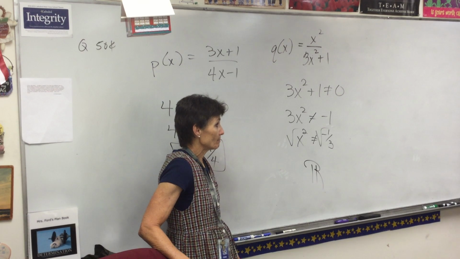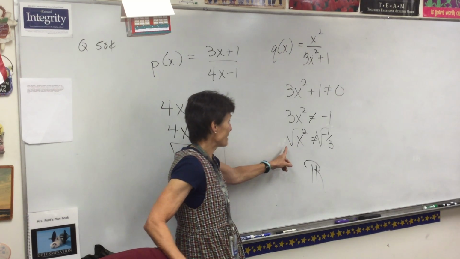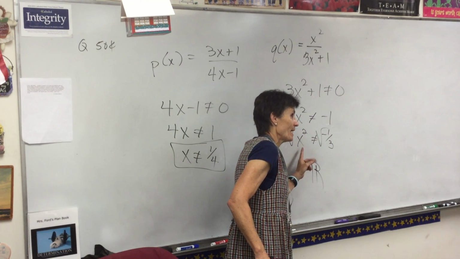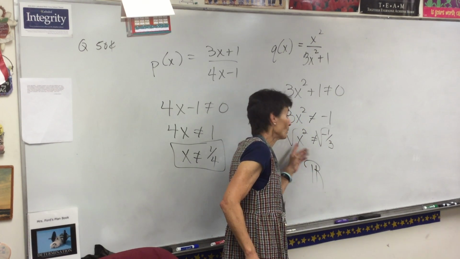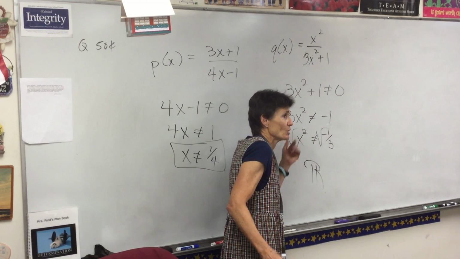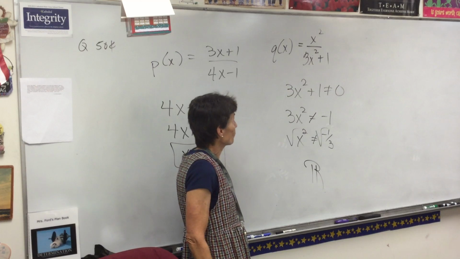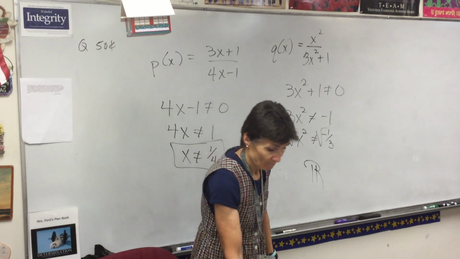That's a little tricky. This basically says there aren't any restrictions. X can be anything real. The only thing it can't be is something imaginary, which we don't care about. So your domain is all real numbers. That's tricky.